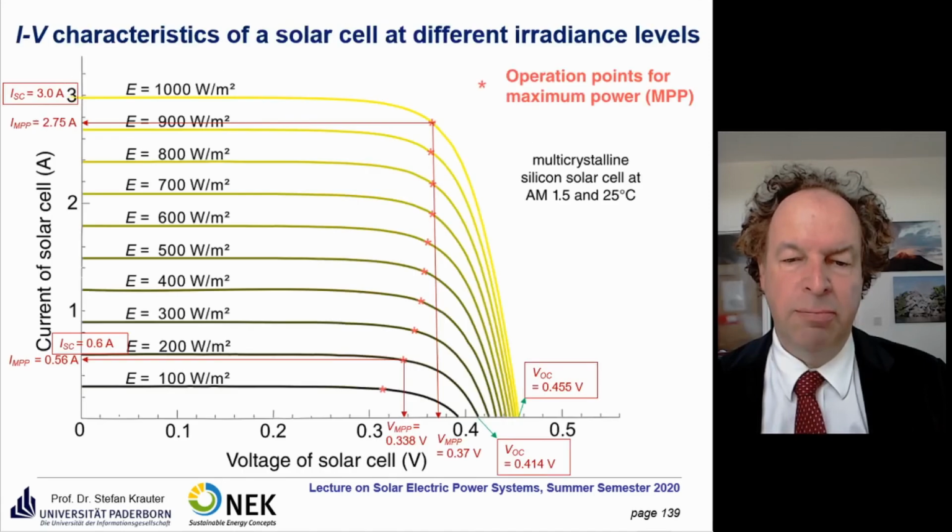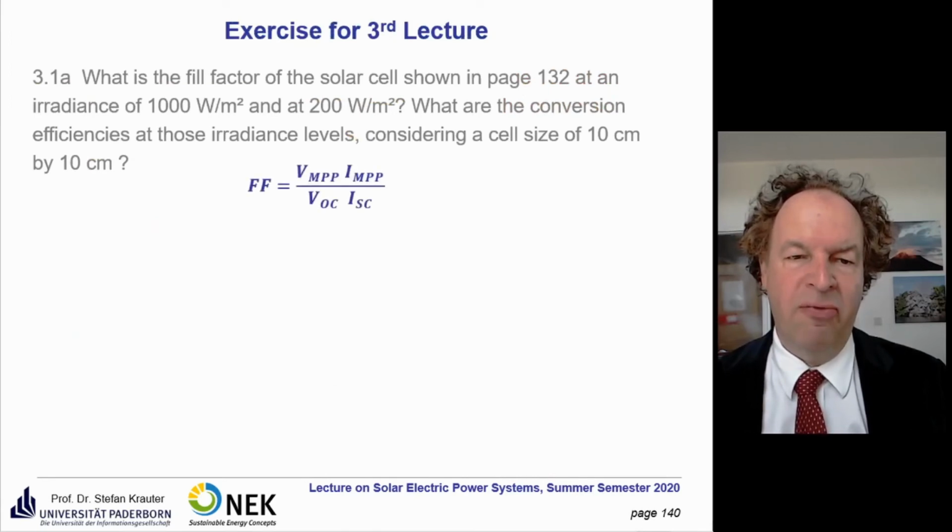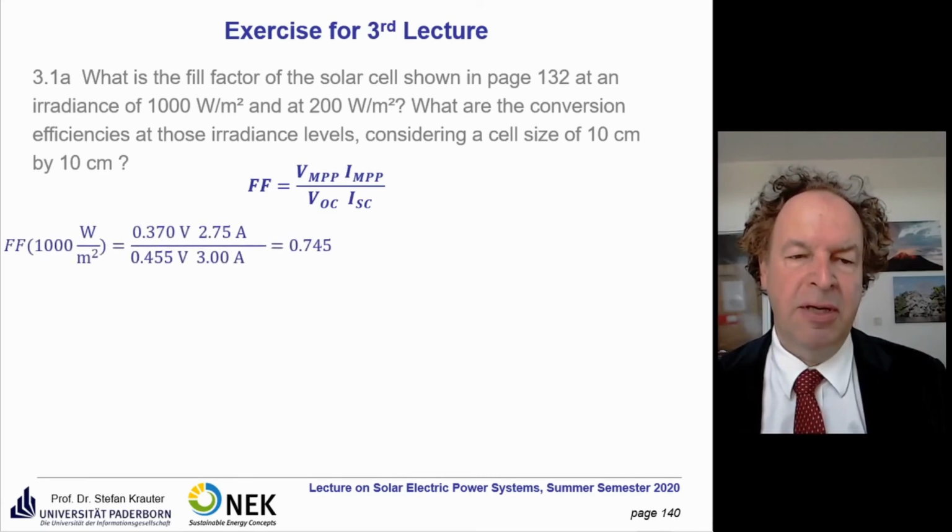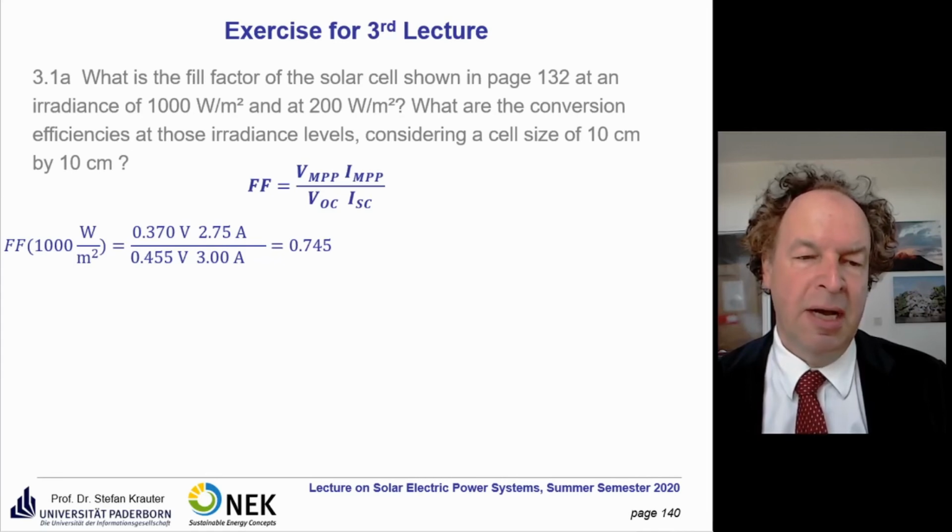So if we put these numbers we got from the graph into the formula for the fill factor, which is voltage in the maximum power point times current in the maximum power point divided by open circuit voltage times short circuit current, then for 1000 watt per square meter, the voltage in maximum power point was 0.370 volts, the current in the maximum power point was 2.75 amps, and the open circuit voltage is 0.455 volts and short circuit current 3 amps.